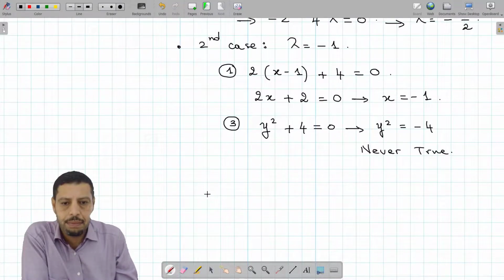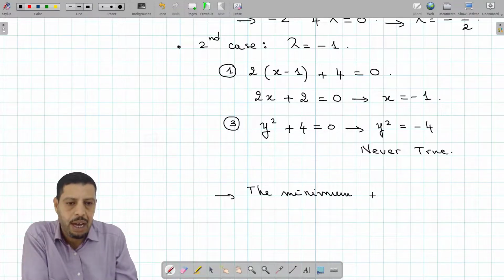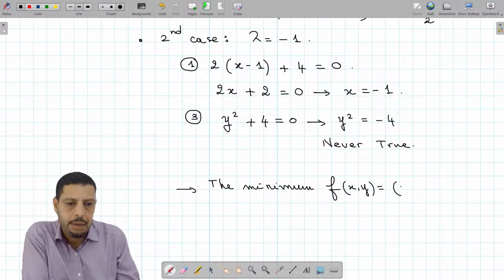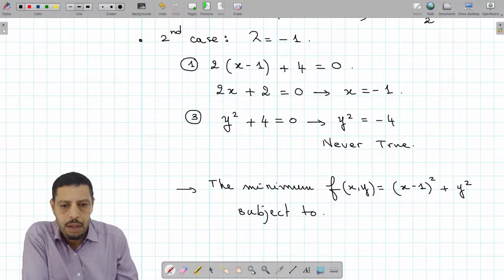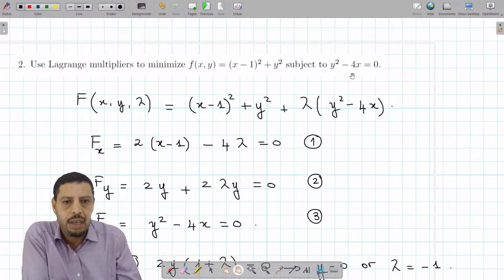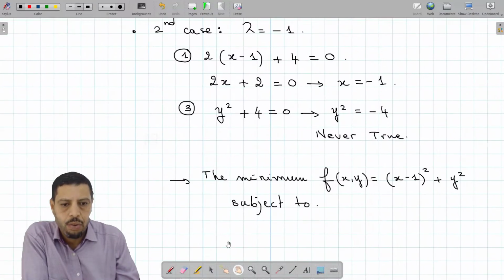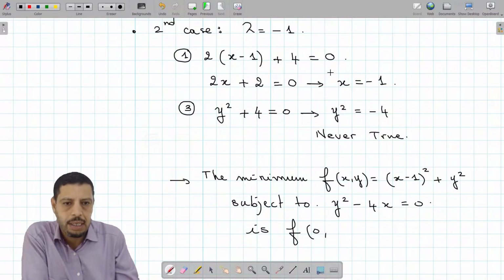And we're going to conclude that the minimum of the function f of x and y equals (x minus 1) squared plus y squared, subject to the condition y squared minus 4x equals 0, is f of 0, 0, since the only critical point is x equals 0, y equals 0, and lambda equals -1/2, but we don't need the lambda. We just put the values of x and y.